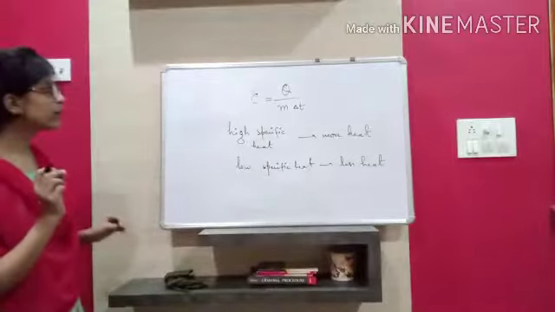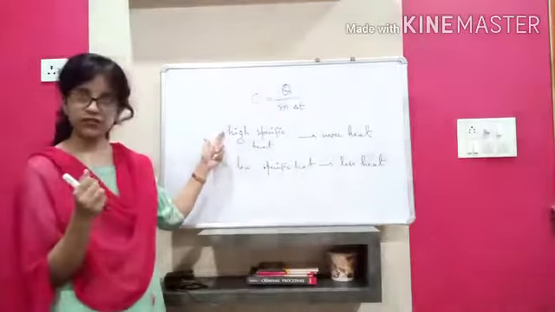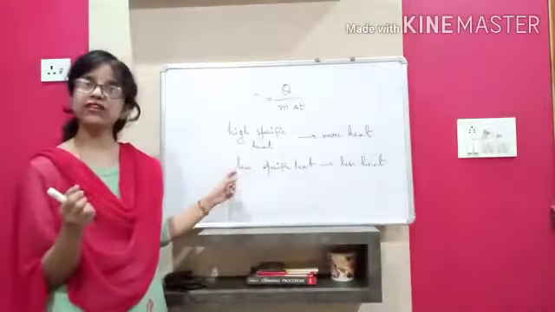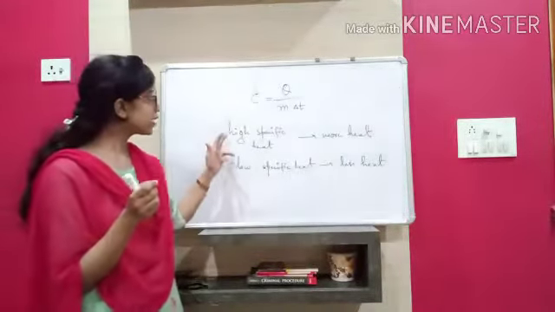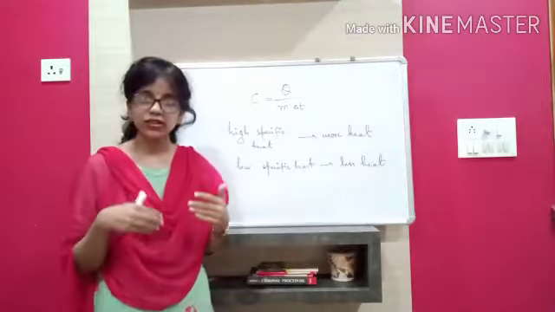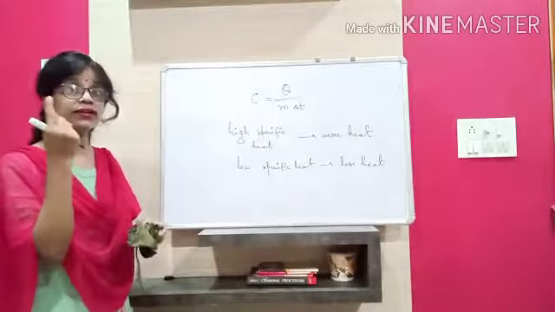That means if you are taking two substances in which one is having a high value of specific heat and the other a low value, the one which is having high specific heat will be absorbing more heat to raise the temperature of the body by 1 degree Celsius.